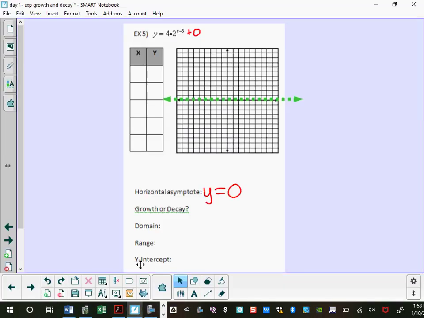Make sure you guys are trying this on your own in Desmos, because I want you to know how to do it. You can use whatever numbers you want, but I like to use as many clean numbers as possible. Once you get that, go ahead and plot your points.